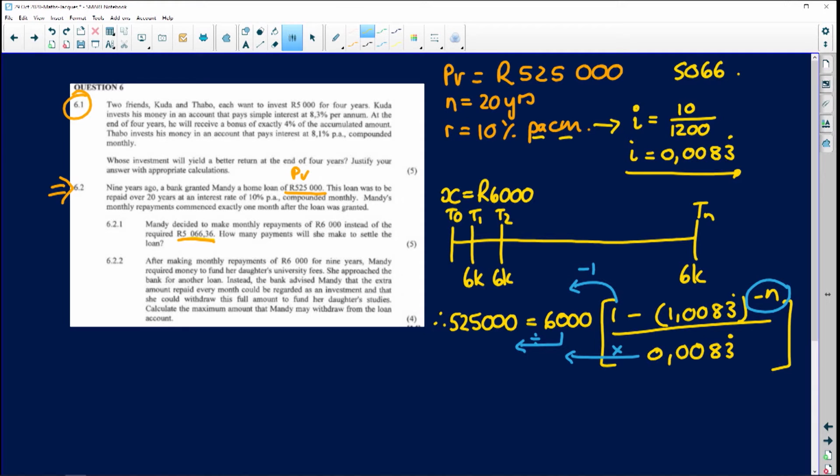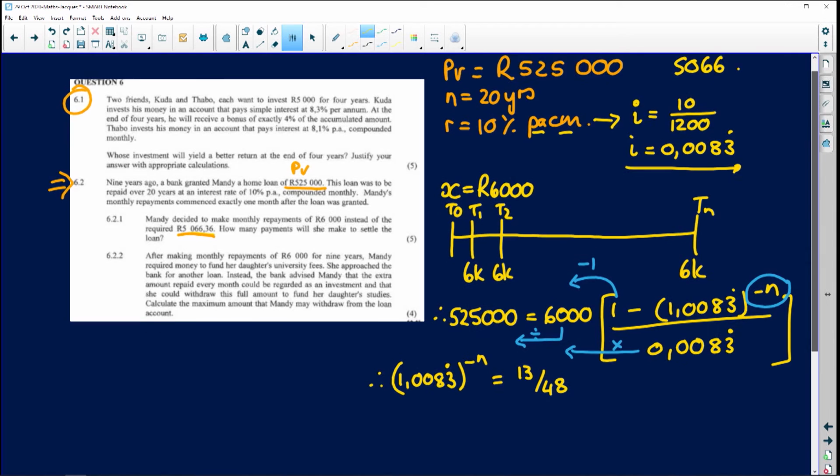When you do that calculator work, you get to a beautiful component that says you now have 1.0083 recurring to the power minus n. So that is by itself. We divided by 6,000, we multiplied by the denominator, and then we subtracted 1. So on the right-hand side, we get 13 over 48.